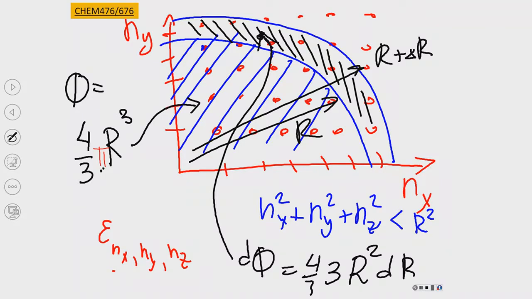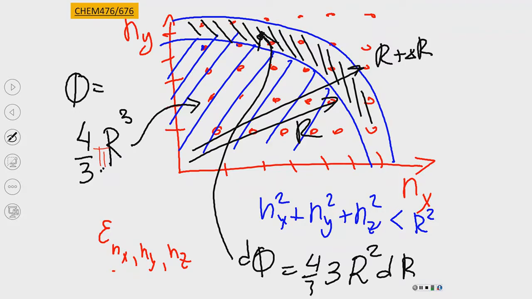Make sense? What's the volume of a sphere of radius r? Oh, let me make a little test so that you are with me. What's the area of a circle? Not length, area.